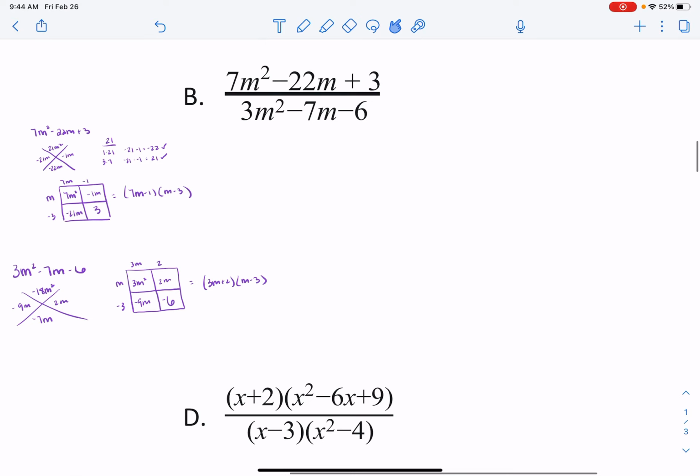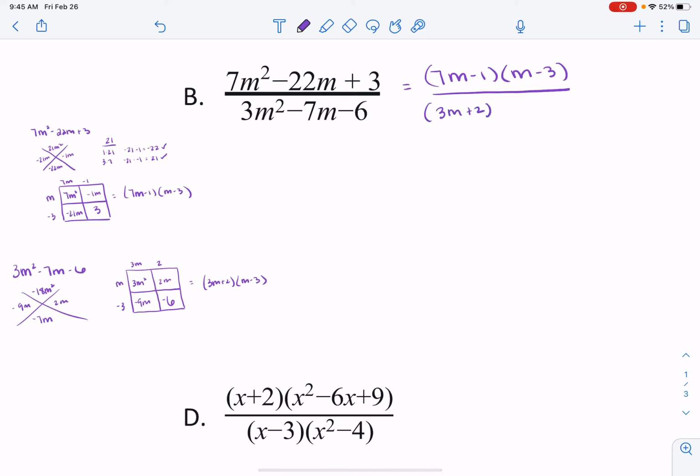All right, so this becomes 7m minus 1 over m minus 3 and 3m plus 2 over m minus 3. It looks like both of these m minus 3's can cancel. So we're just left with 7m minus 1 over 3m plus 2.